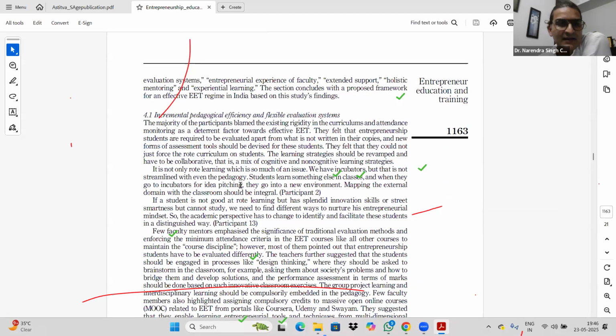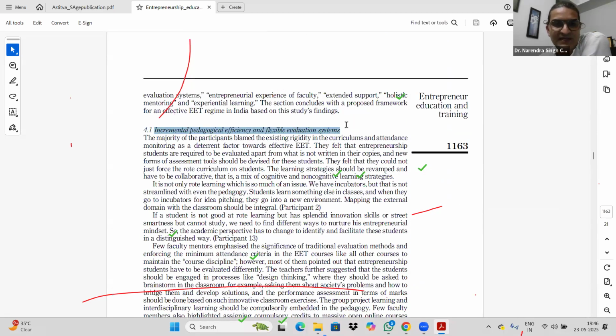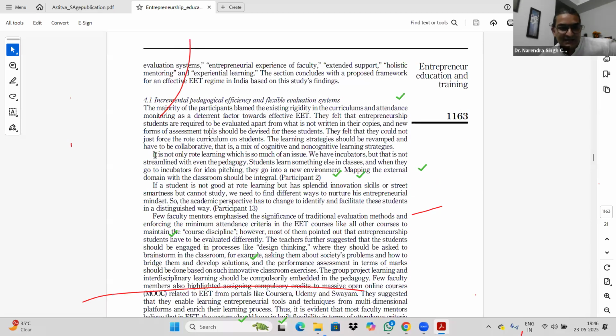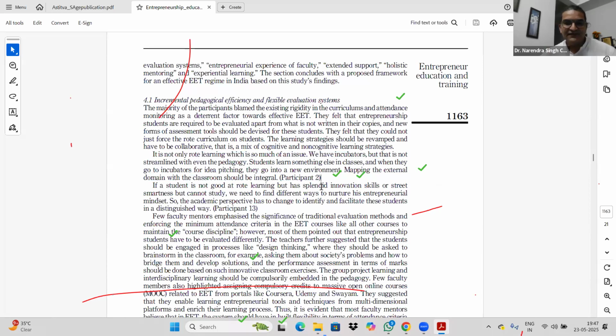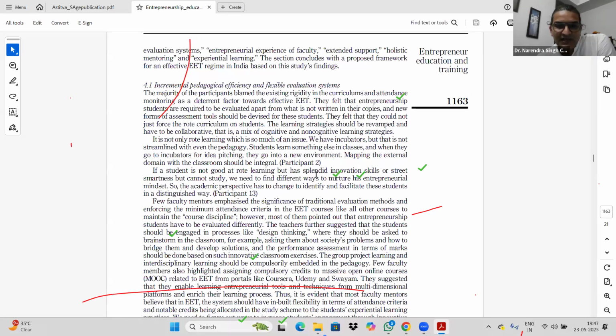Now, this is the first theme that emerged from the interviews. First is this one. And these are the verbatims of participants. Whatever they have said, we have kept it. If a student is not good at rote learning, but is splendid.